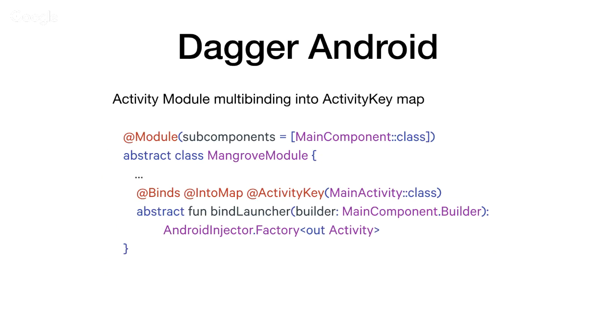Create a method that binds the builder to the Android injector class. This is a little thing in Dagger called multi-injection or multi-binding. This is available without Dagger Android components, but they leverage this tool to simplify this process.